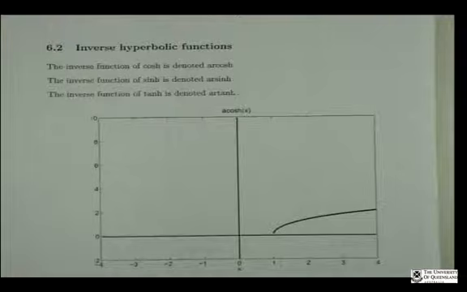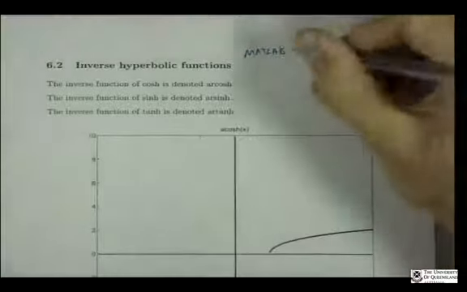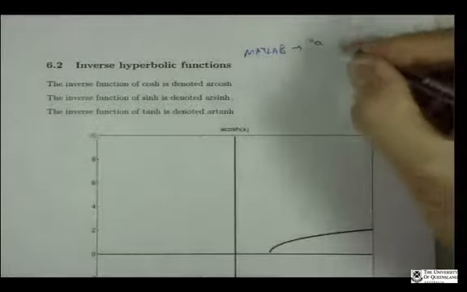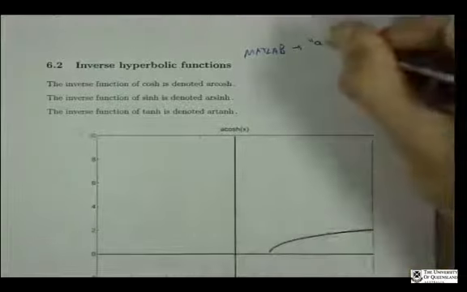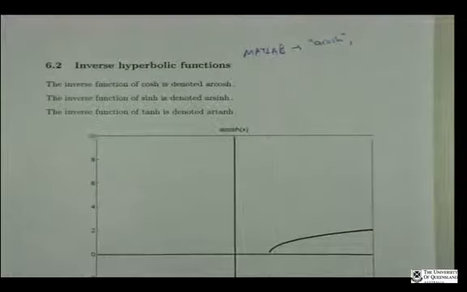Now, in MATLAB, for example, these inverse functions are referred to as follows: acosh for the inverse cosh function, asinh, and so on.